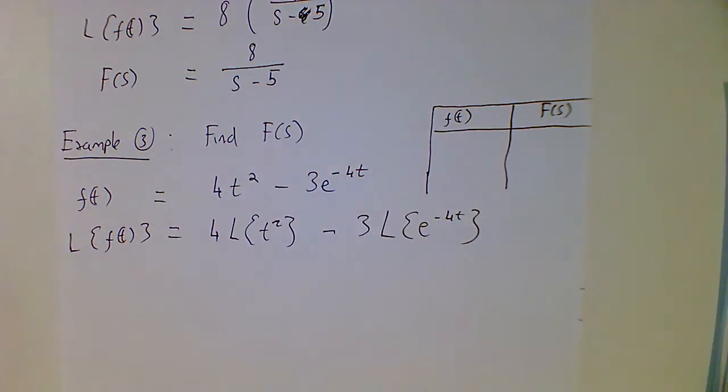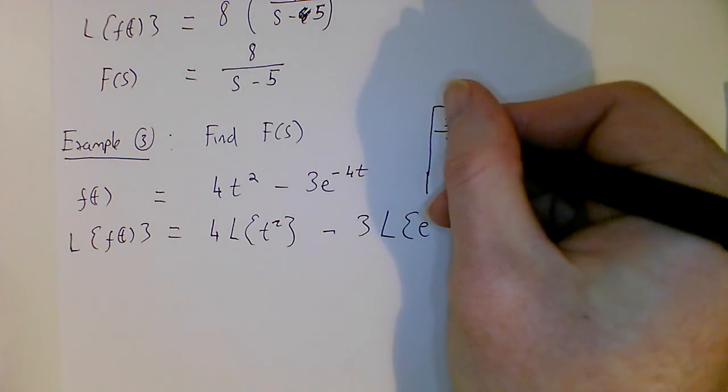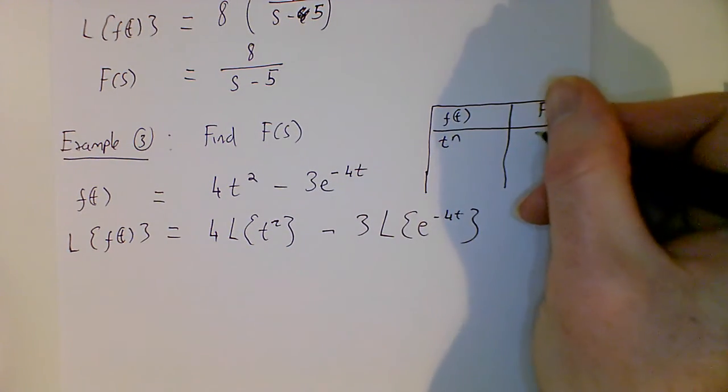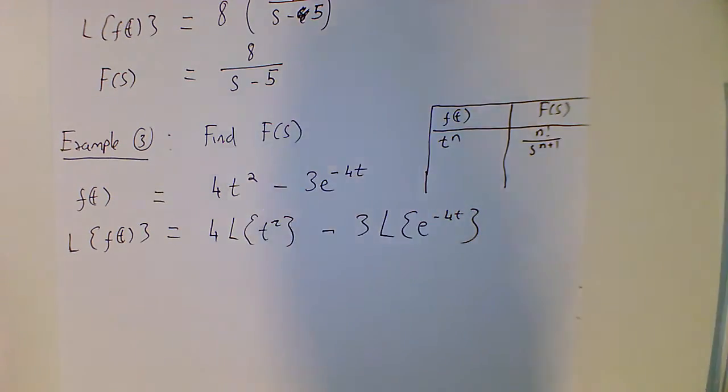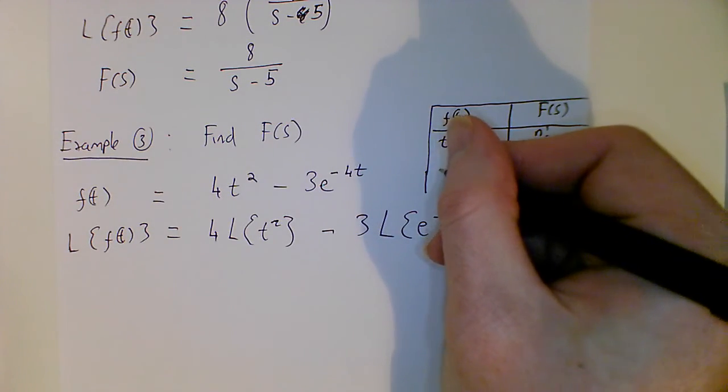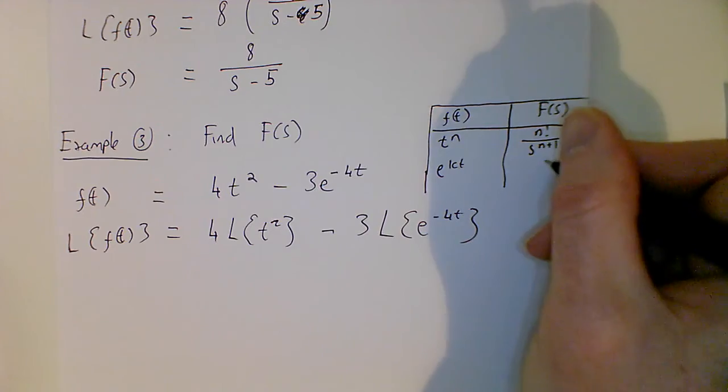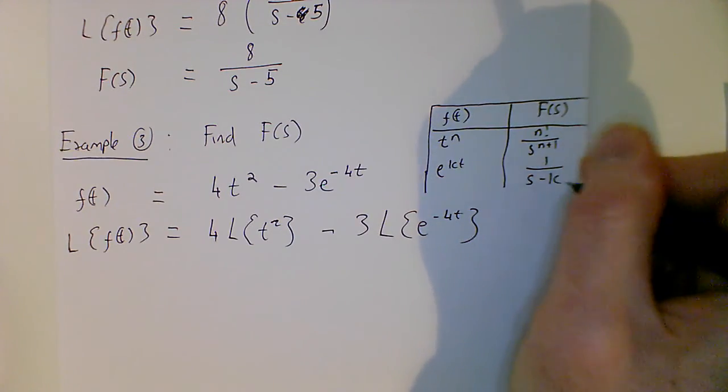I've got a squared, so I need to use the t to the n one. The formula was t to the n equals n factorial over s to the power n plus 1. And then that's an exponential, so I'm going to have to use the exponential one, e to the power of kt is 1 over s take away k.